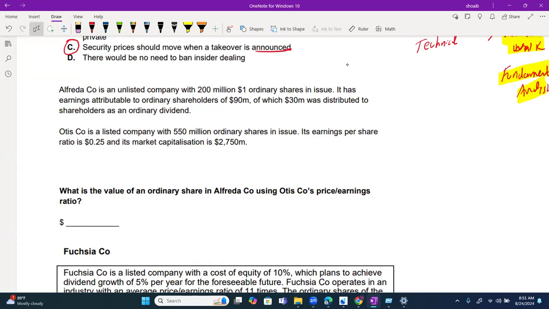Okay. First of all, Otis PE ratio. Market capitalization means total market value, 2750. EPS is given, that is 0.25.